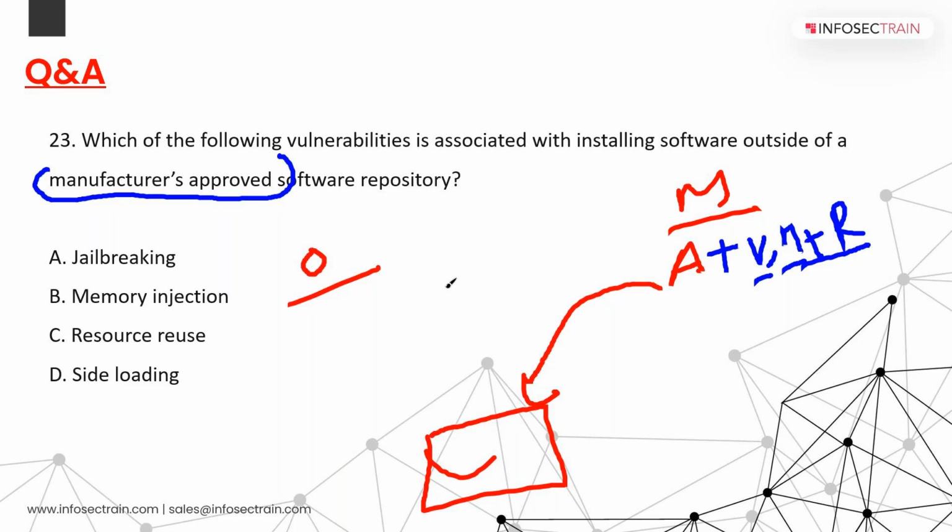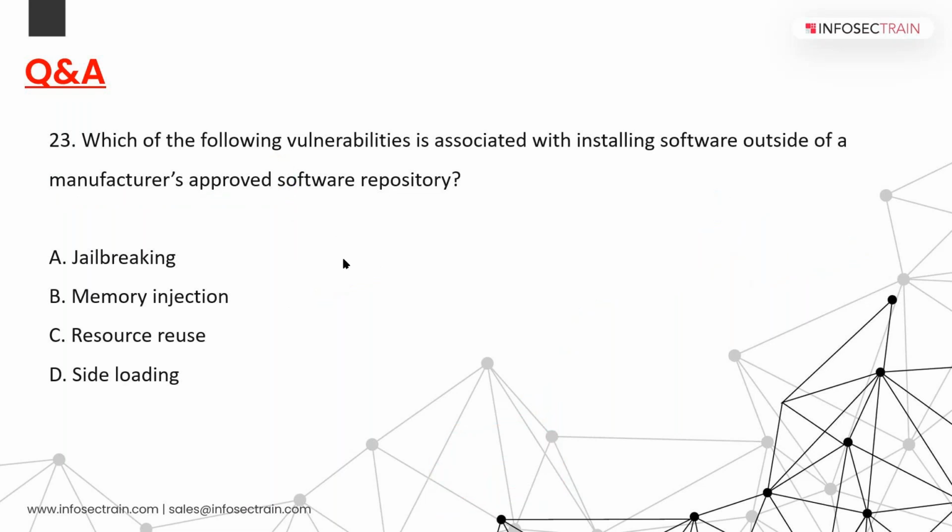So when you download this application from a malicious website, malicious entities like viruses, malware, ransomware, and crypto malware get installed on your device, and that is not a good thing, right? Then they can eat up the space, delete files, modify files, all this kind of activity they will be able to do. Okay, correct. So what is the correct answer to this? The correct answer, guys, is going to be side loading. And what's the recommendation?